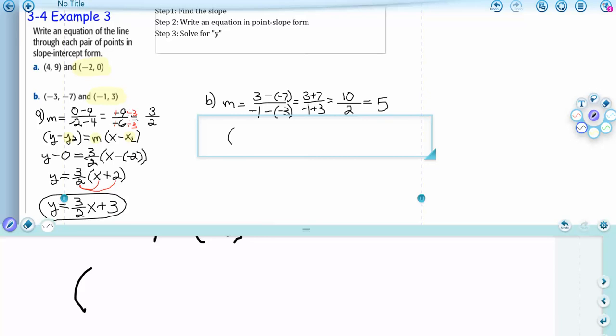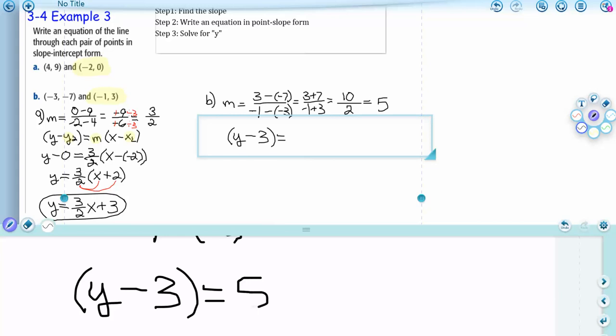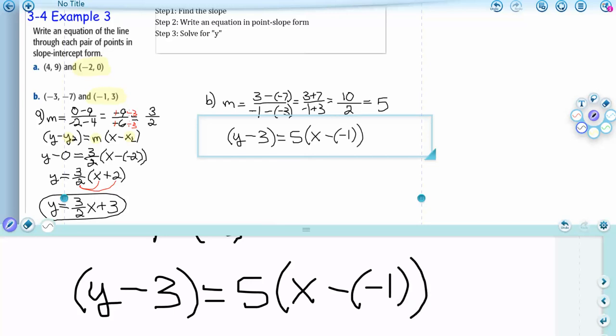In parentheses, y minus my y coordinate, which is 3, equals my slope, which is 5, times x minus, remember that's always minus, and now I have a -1. Okay, remember, two negatives next to each other change to a positive.